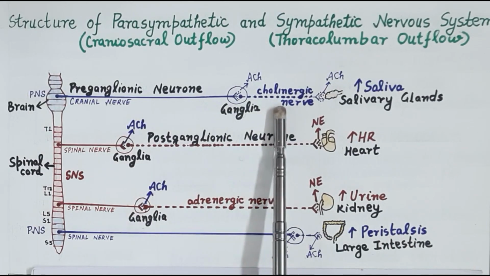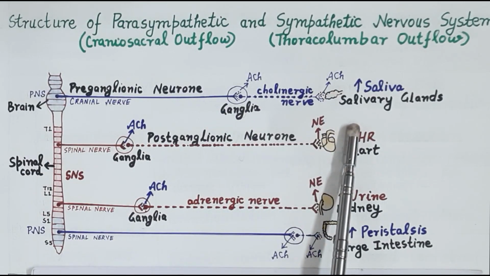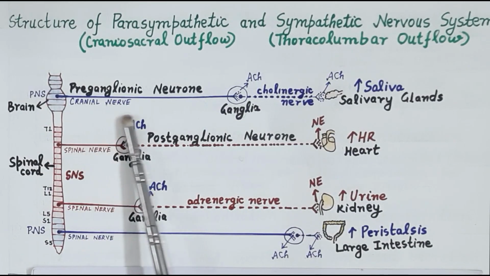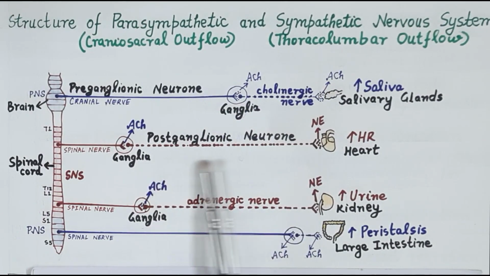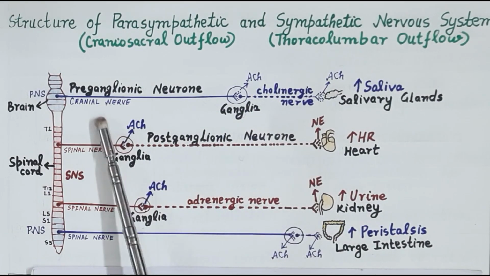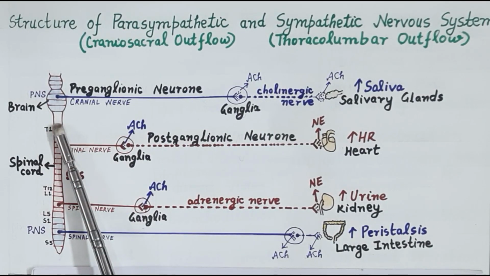Now both these neurons are motor or efferent neurons that collect information from the central nervous system, and then that information is transported to the body organs. The first neuron is the preganglionic neuron and the second neuron is the postganglionic neuron. Now preganglionic neuron collects information from the central nervous system.